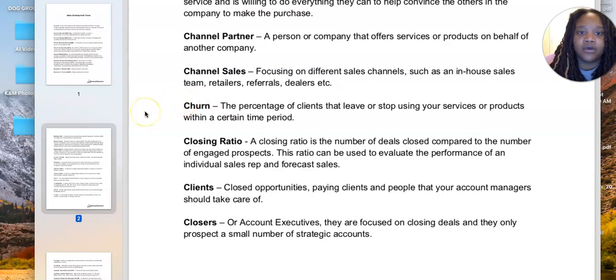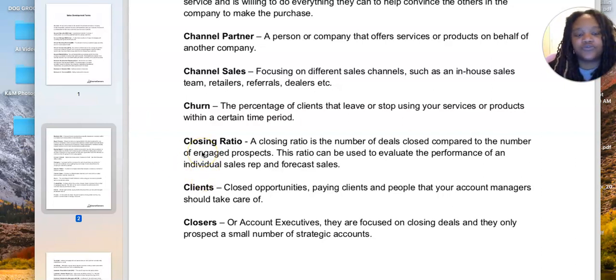So this is like a company thing. You can gauge how well your product or service is going to do in the long term based off of your churn percentage. So the whole entire goal is to have a very low churn percentage, because that's going to result in customer loyalty. So normally it's a correlation. If a company has high customer loyalty, then they have a low churn rate.